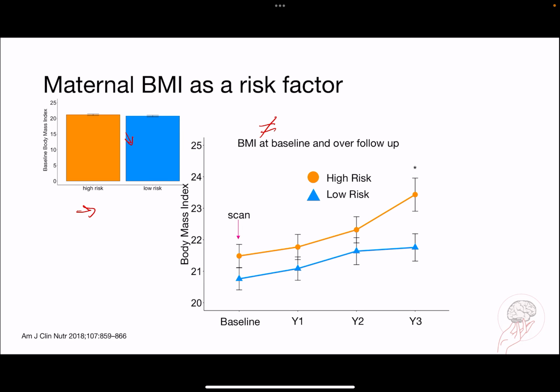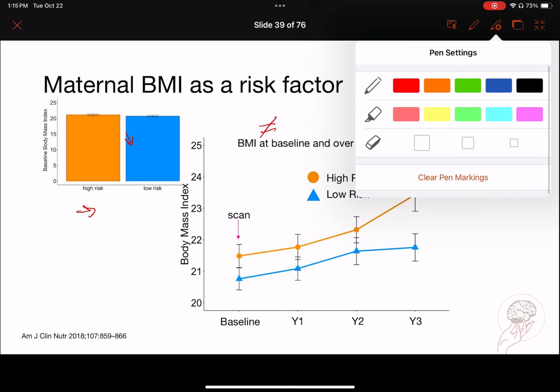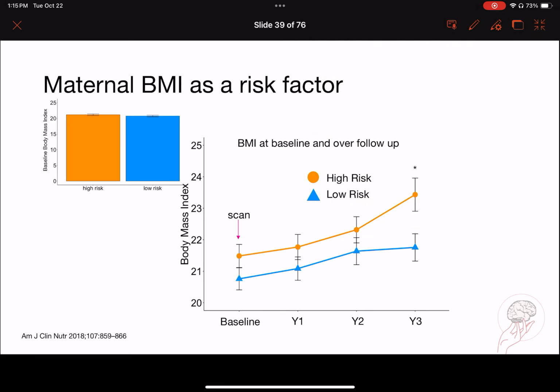But over time, what we saw is that they started very similar, but the children of moms with higher BMIs gained more weight over 3 years. Well, actually, 4 years.